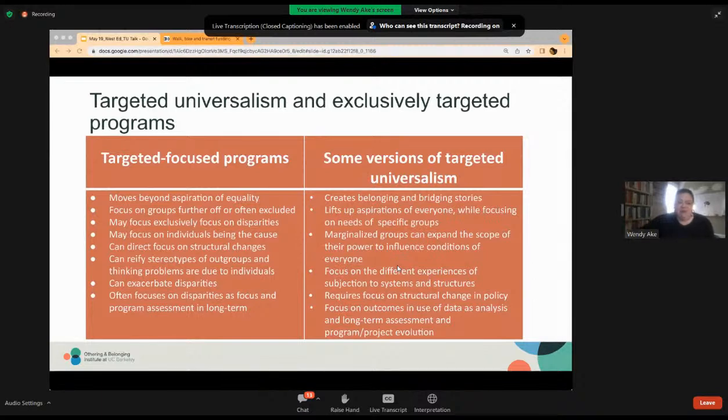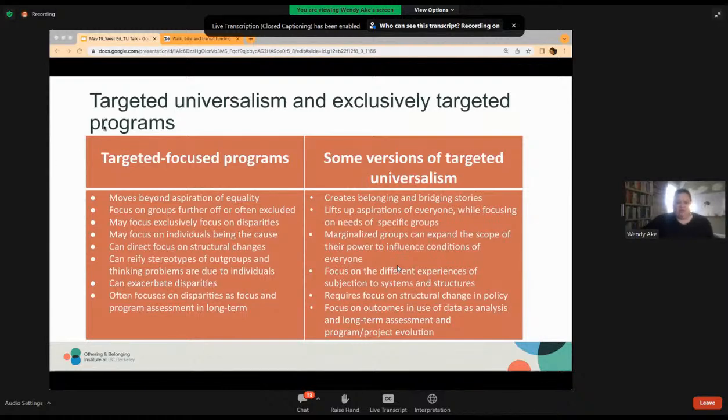And then some of the mind science around focusing on a disparity is that, for folks who are new to the cause of equity, it can sometimes reify stereotypes and deepen inequalities when you think about the language wrapped around disparities. We can talk more about that.